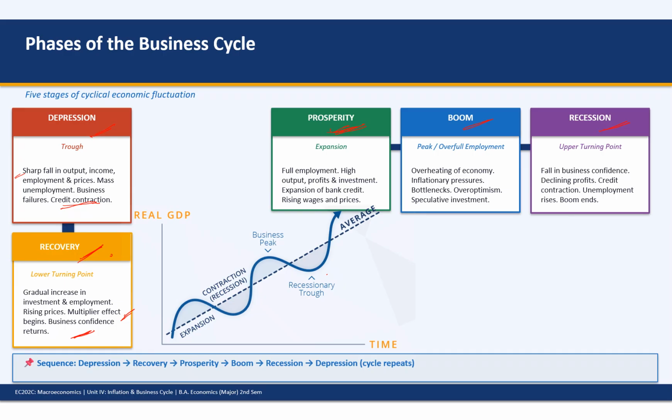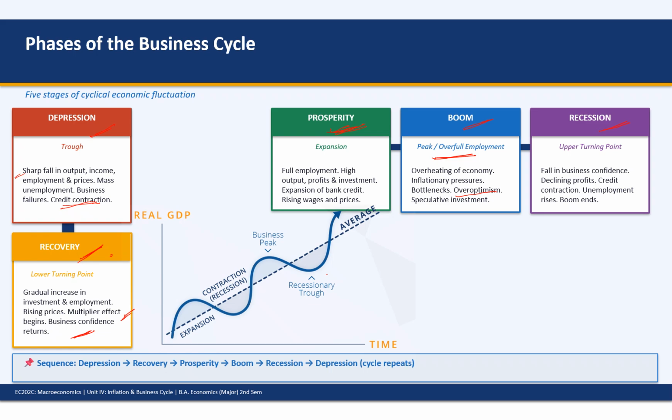Now, boom is the peak or over-full employment phase. Demand becomes excessive, prices rise quickly, and bottlenecks appear in production and supply. In the boom phase, firms may overinvest because of over-optimism, that is, excessive positivity.